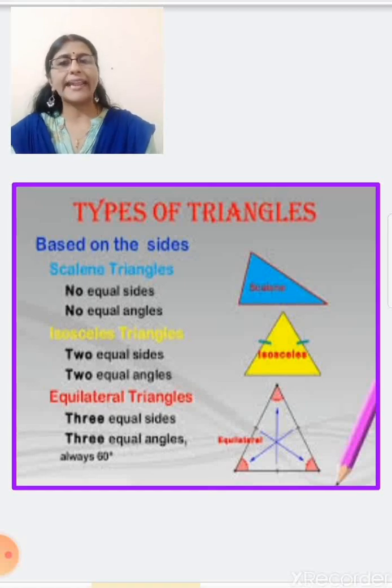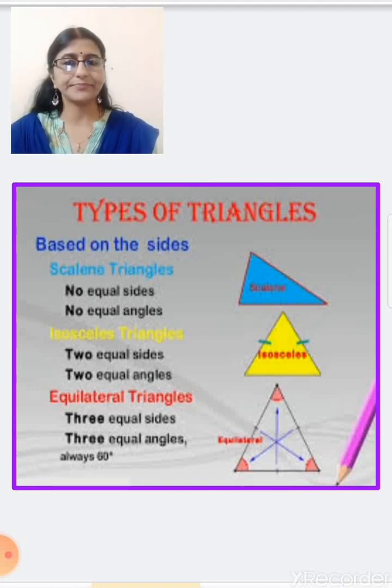Based on the sides, they are divided into 3 groups. First is scalene triangle, second is isosceles triangle and the third one is equilateral triangle. Now in a scalene triangle, there are no equal sides. That means all the sides are unequal, different, and they don't have any equal angles.